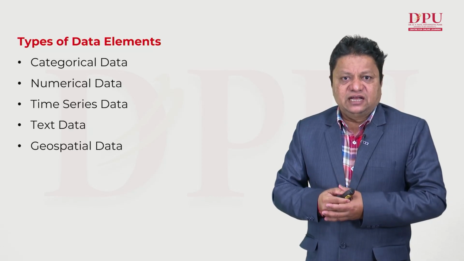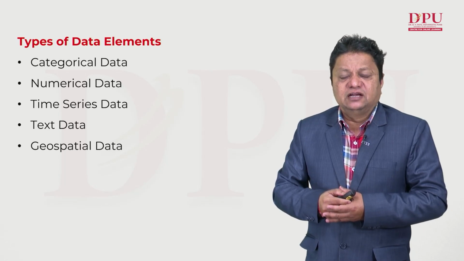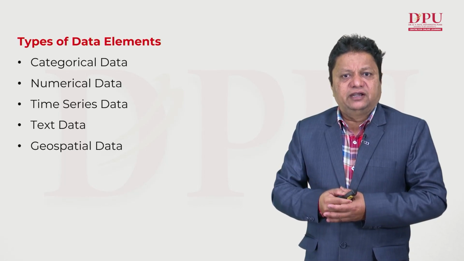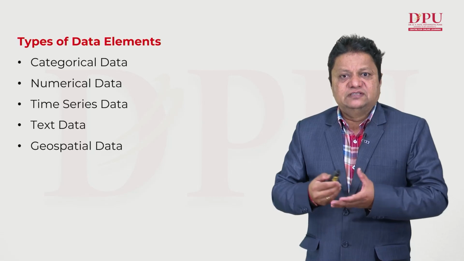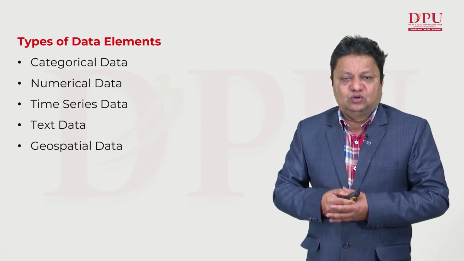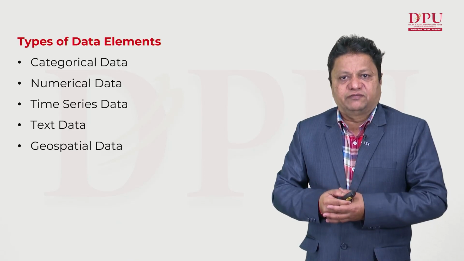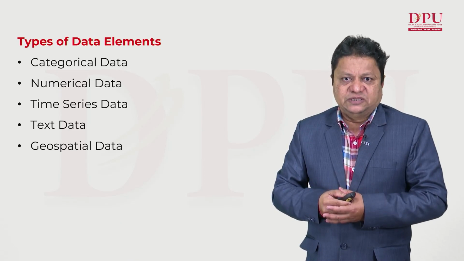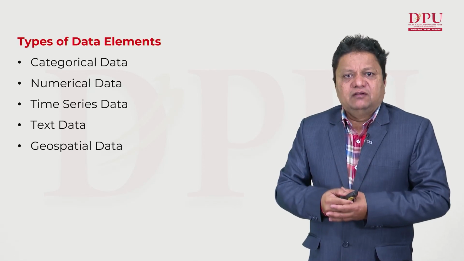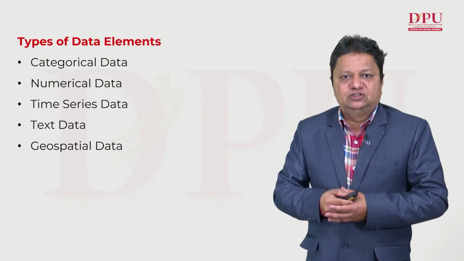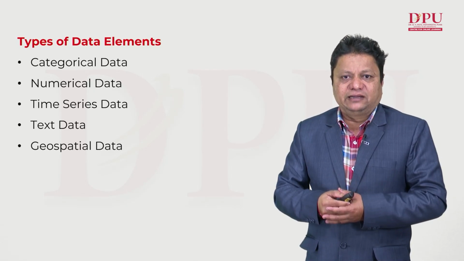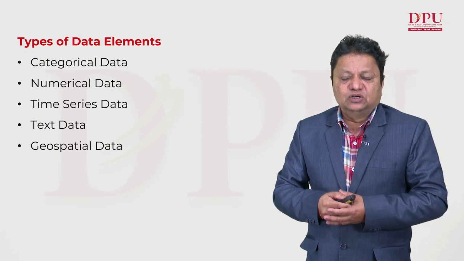Next is text data, and the last one is geospatial data, that is the data which is related to geography, the physical locations of objects, so that we can find out the location of any object on this earth surface by using geospatial data. So, the data which is related to geography comes under geospatial data.